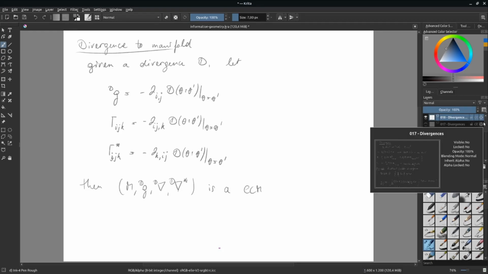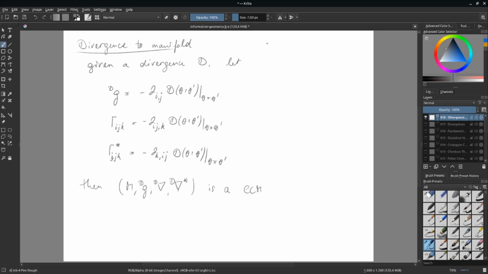Before I joined this, I just had time to finish this slide. There is actually a way to construct a statistical manifold from a divergence. If you have a divergence function D, then define the metric as the following: you take the second derivative of your divergence.